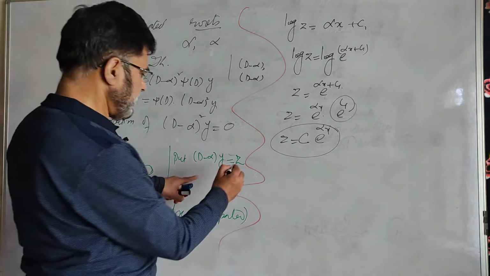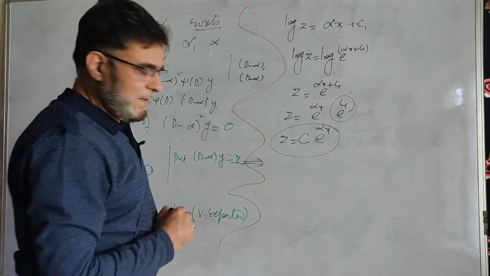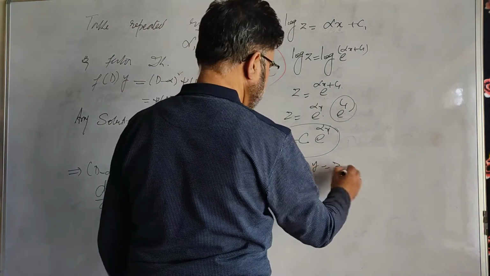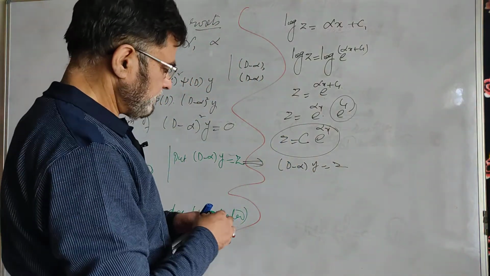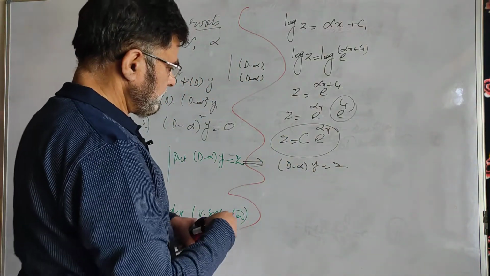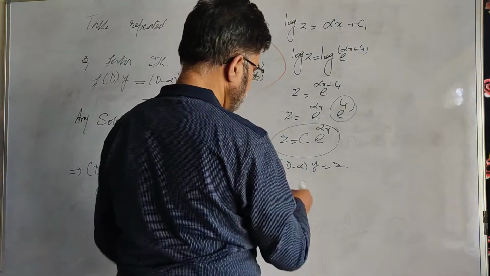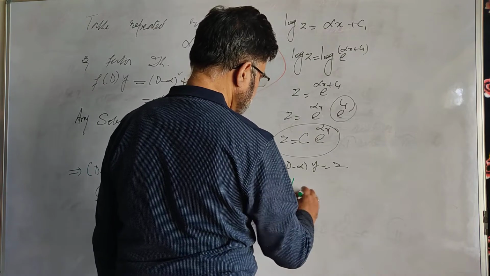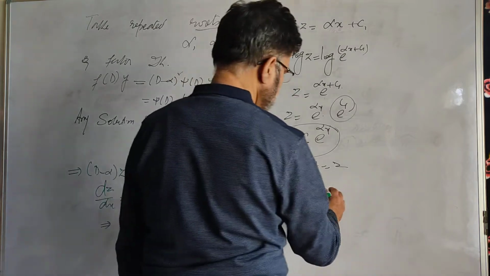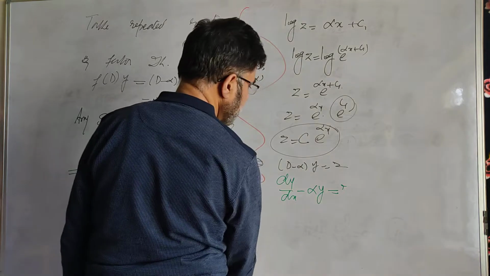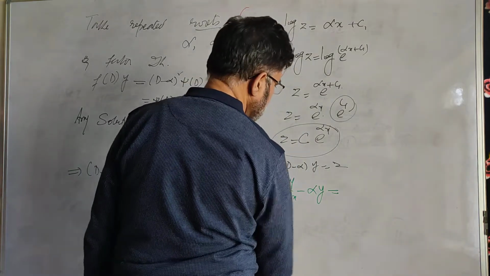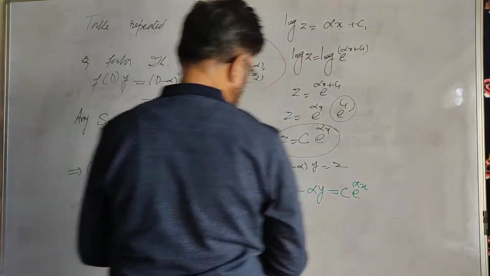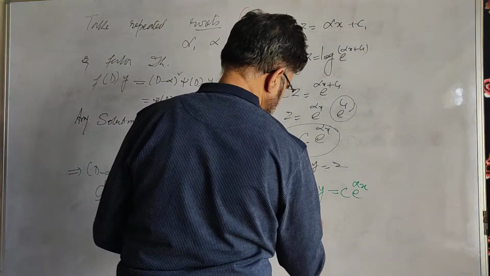Now what is your this part? Take this part here. You have (D minus alpha) y is z. How do you proceed? This gives you dy by dx minus alpha y is equal to z. The value of z is there. You can put the value of z here. Z is c e raised power alpha x. Now we have to solve this equation.